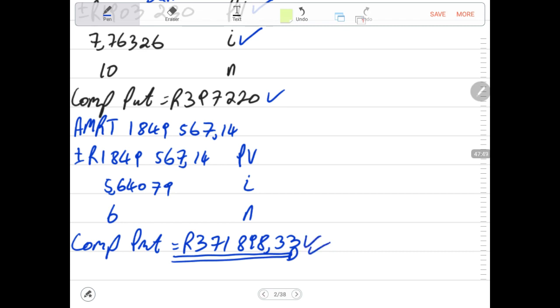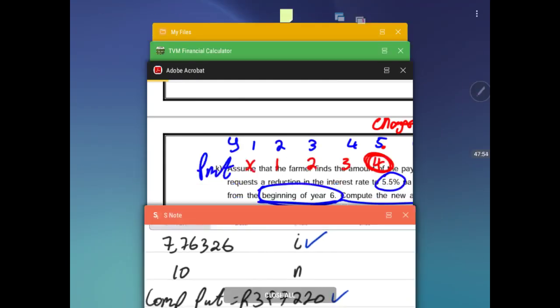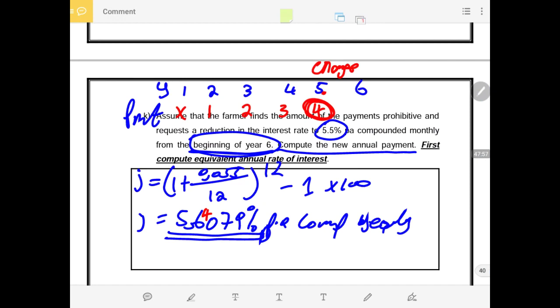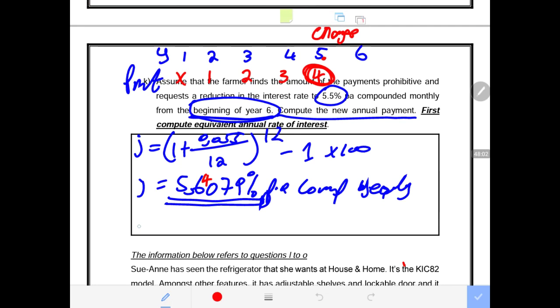And I just want to bring across this very important line when it comes to this question, the story of the farmer, more especially when it comes to the change in this interest rate. For the last time as I'm done with this question, in this underline you need to know that we had interest that started at 7.76326% from payment number 1, payment number 2, payment number 3, payment number 4.